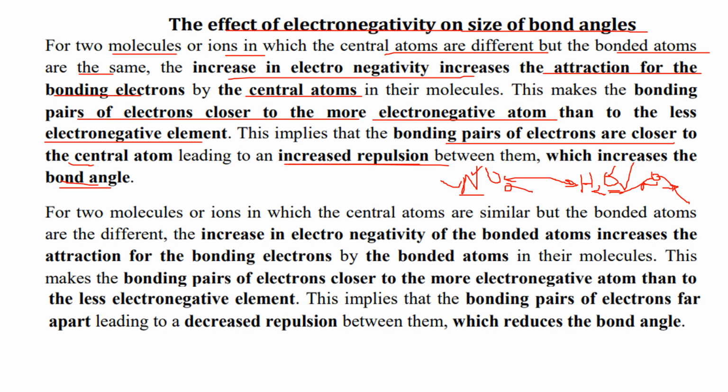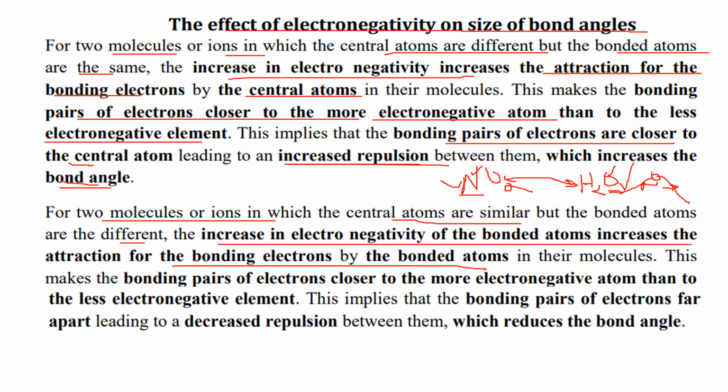So for now, we are going to say that for two molecules or ions in which the central atoms are similar but the bonded atoms are different, increased electronegativity of the bonded atoms is going to increase the attraction for bonding electrons by the bonded atoms. When that happens, we are removing bonding electrons from the central atom and pulling them to the bonded atoms.